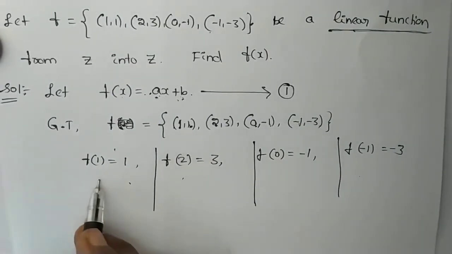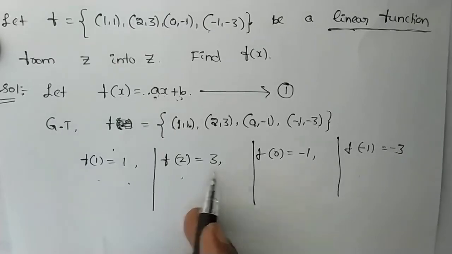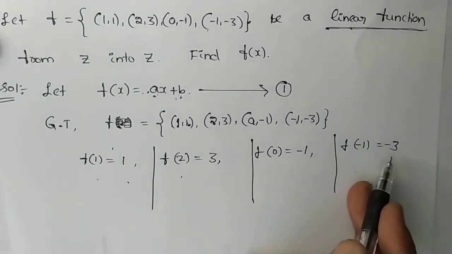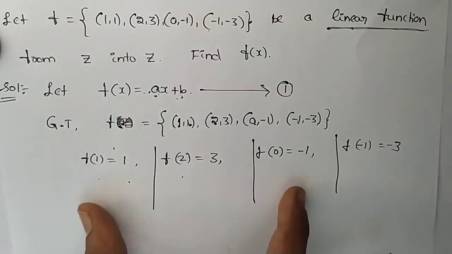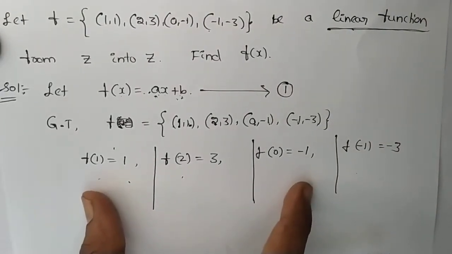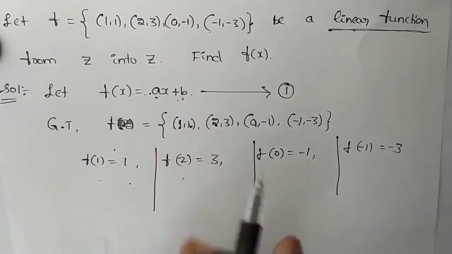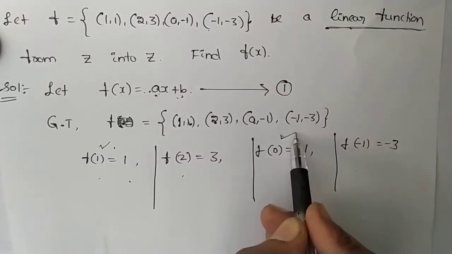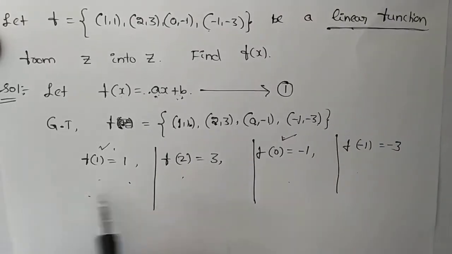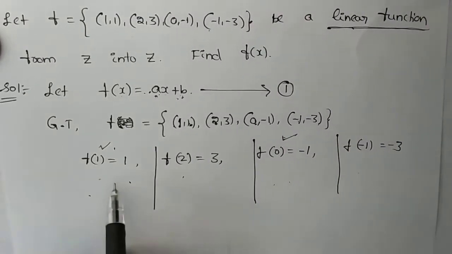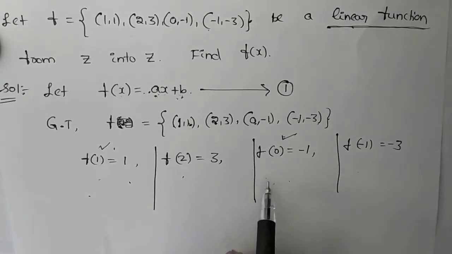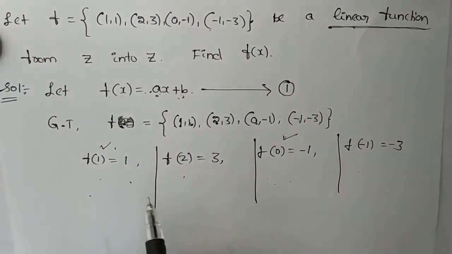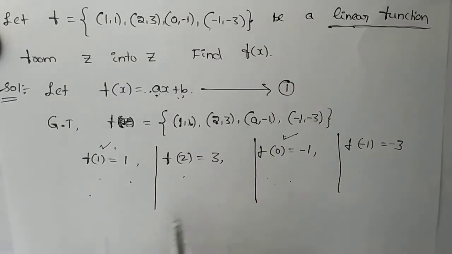I will choose f of 1 equals 1 and f of 0 equals minus 1 to find the values a and b, because it is very easy to find a and b with these. Or you can choose any two among these four.